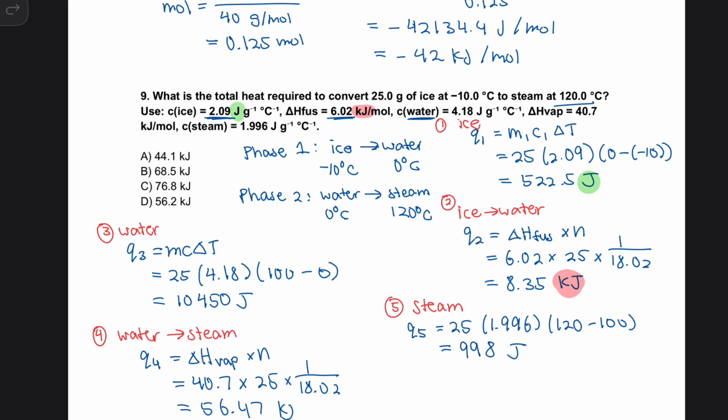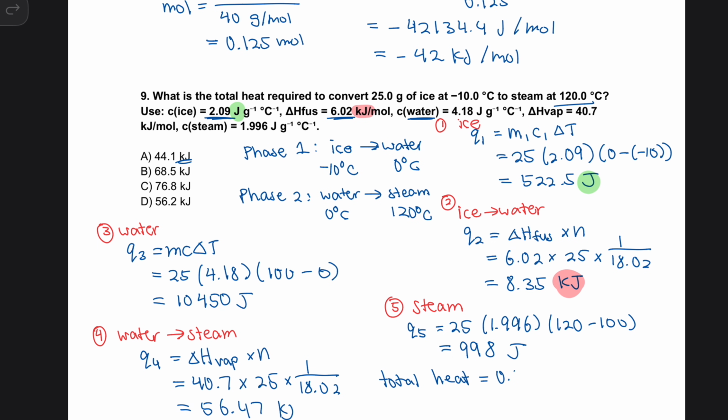So those were all the steps, and now we just add it all together. So total heat, and because all of our values are in kilojoules, I'm going to convert all the joules into kilojoules by dividing by 1,000, or we can just move the decimal place 3 places to the left.